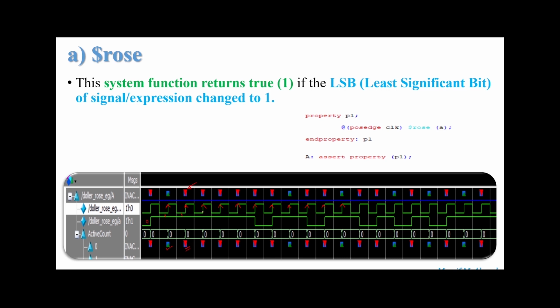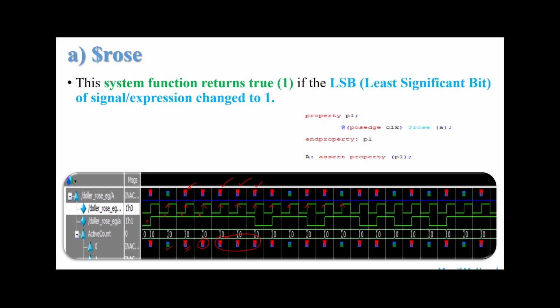At the next clock edge also the value is 1. It has not changed to 1 from 0, unknown or Z. It is just 1, because here it is 1 and in the previous cycle it was 1. Hence the assertion is failing over here. Similarly, at this passage of the clock, and at this passage of the clock, you will find the assertion is failing.